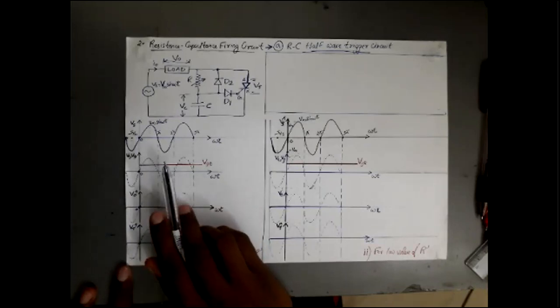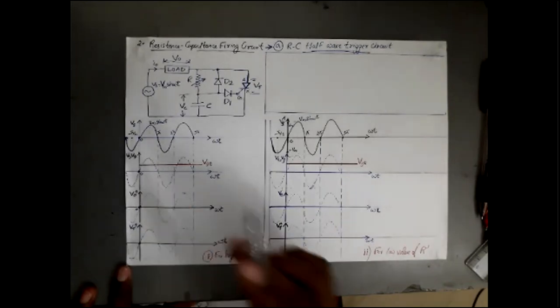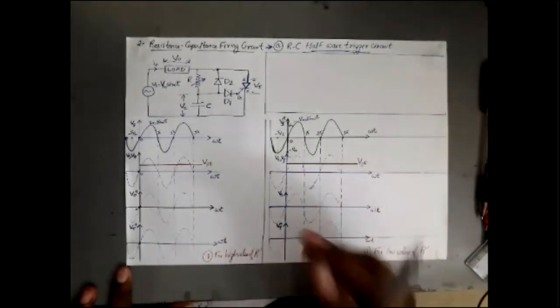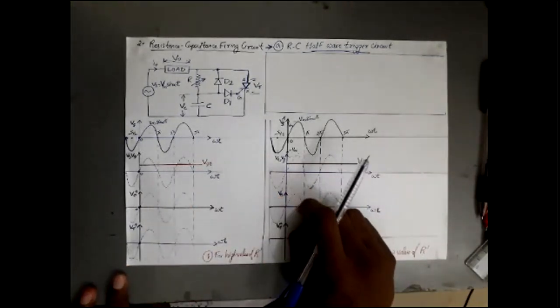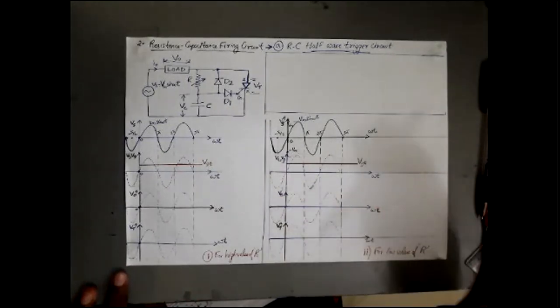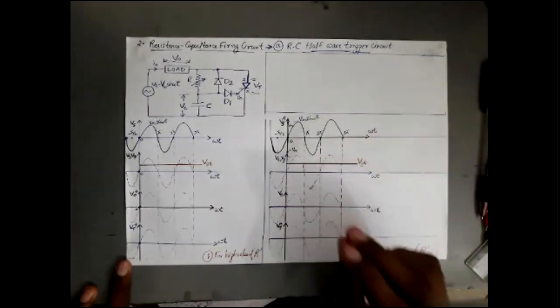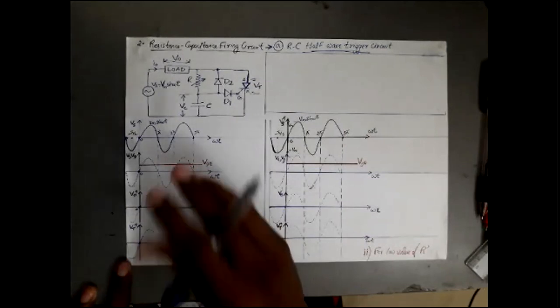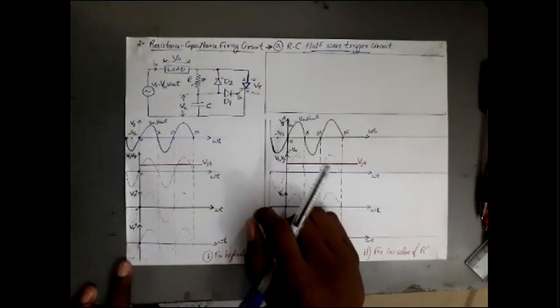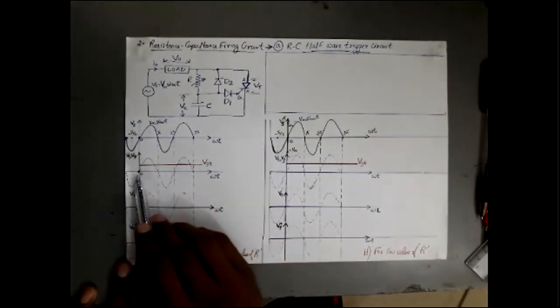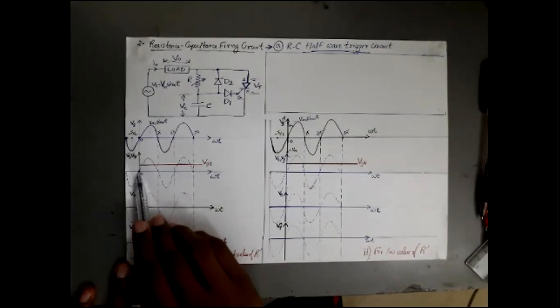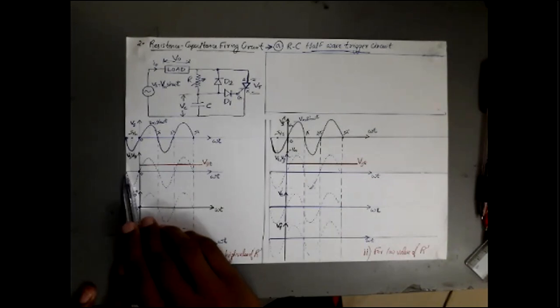Now let's have a look at this circuit. As we know, the main property of a capacitor is to oppose sudden change in voltage, and that's a very important point when we consider this RC firing circuit. For the circuit, consider the case starting from a situation where it was a negative half cycle.